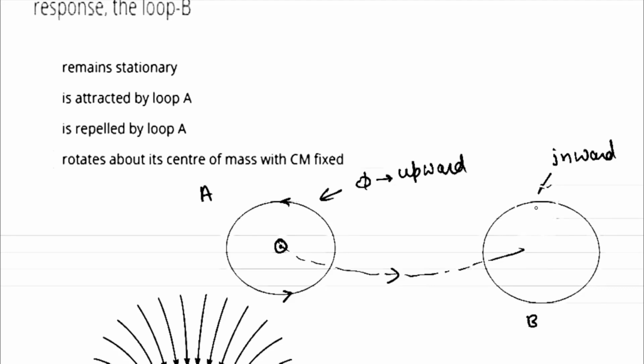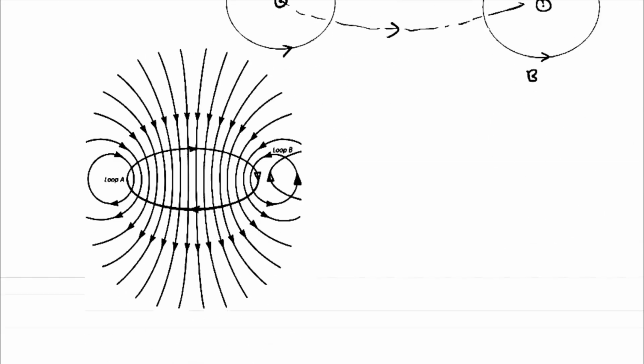So how can it oppose the change in flux? By generating a current in the same direction. Because if the current is in the same direction, then the flux will be in the upward direction. If the flux is in the upward direction, then only it could resist the inward flux increase. So basically this will be the case, right?